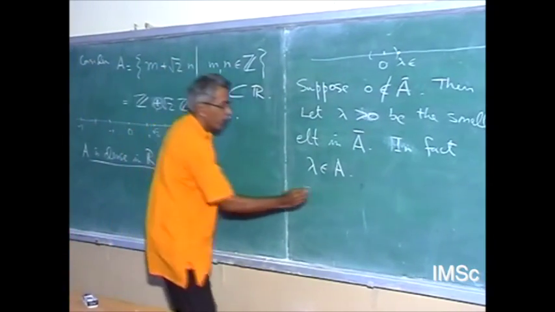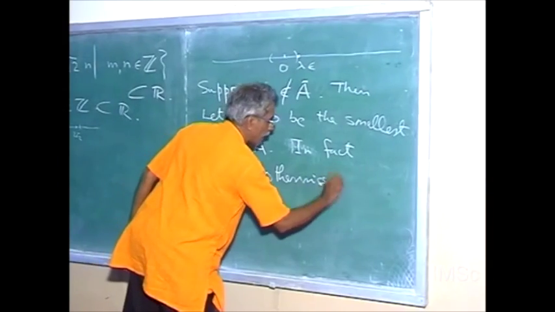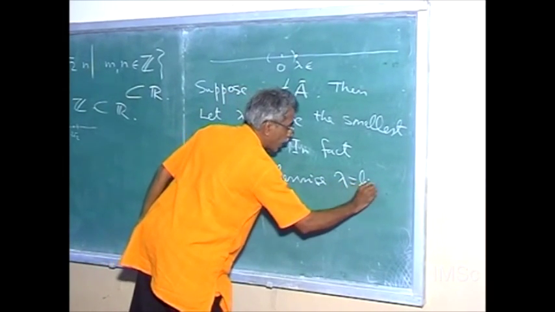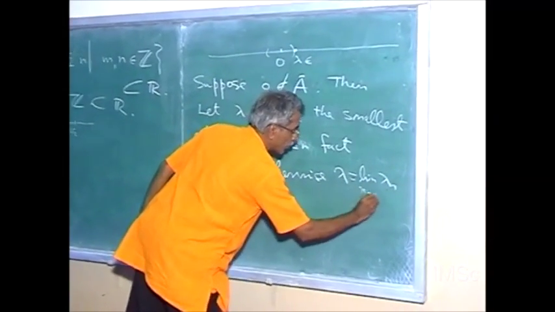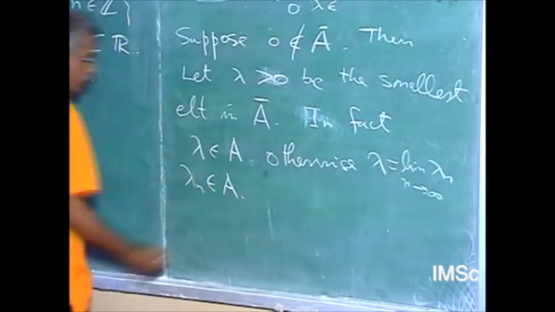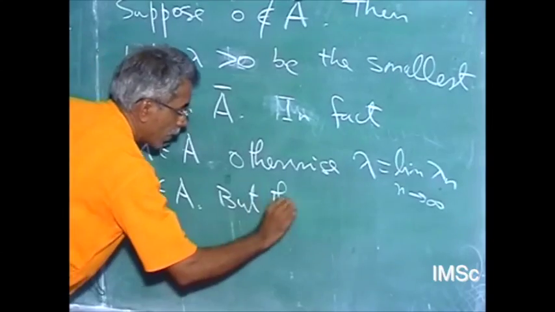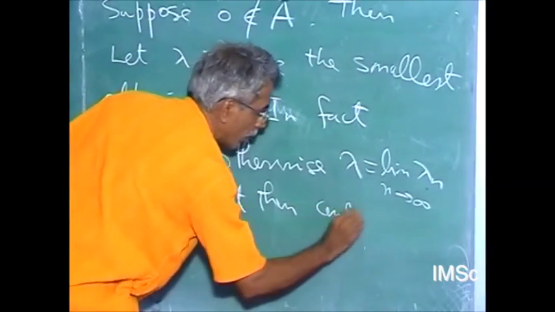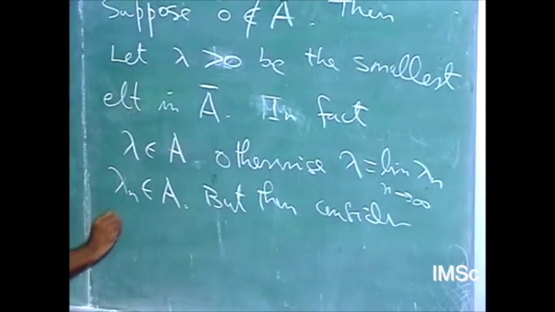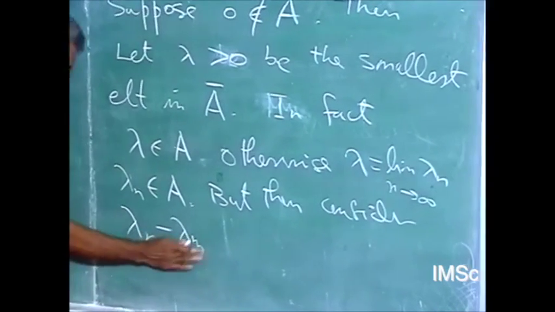Otherwise, lambda equals the limit of lambda n as n goes to infinity, where lambda n belongs to A. Consider lambda n minus lambda n plus 1.